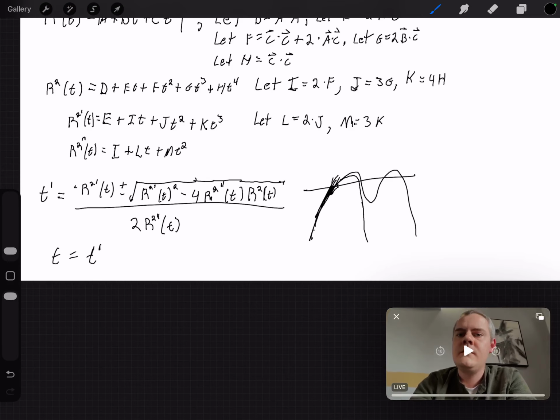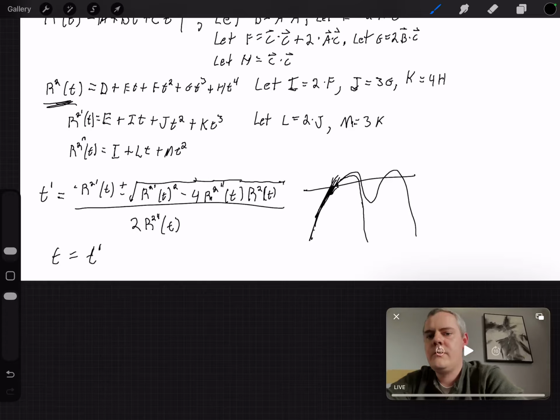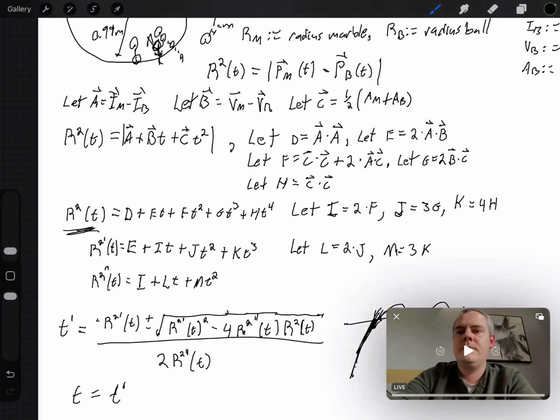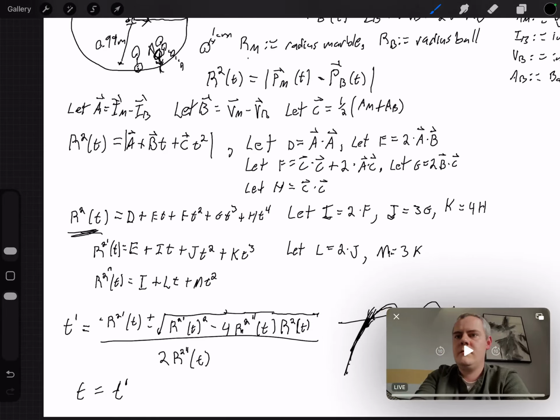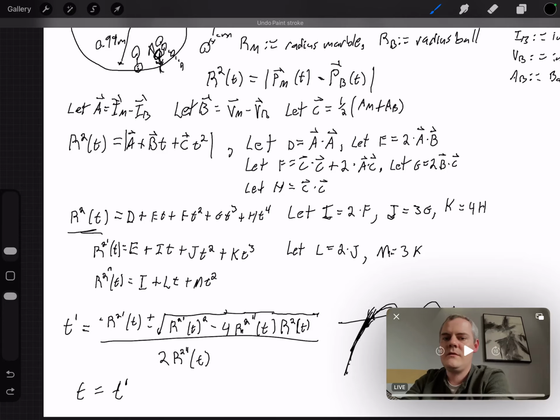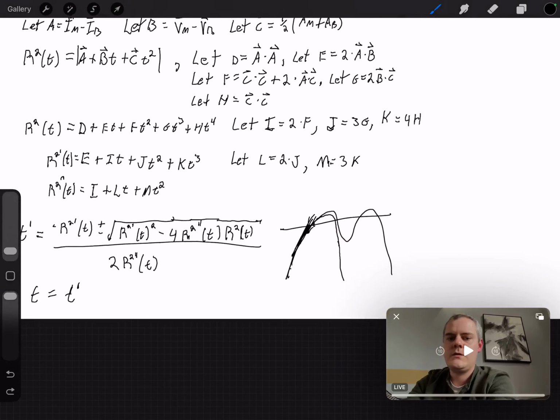The t can go back into the original fourth order equation, and you can see if it in fact equals these values, the marble radius and the marble ball. That's the value we're going for.